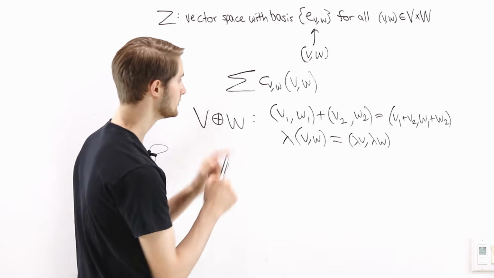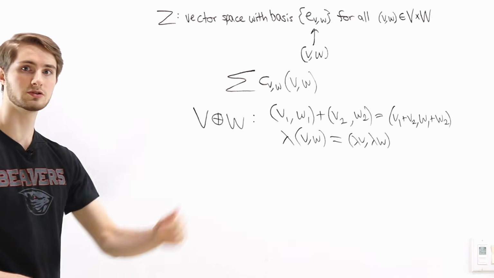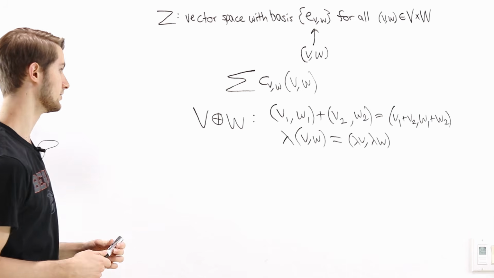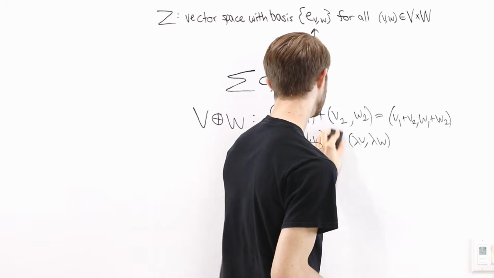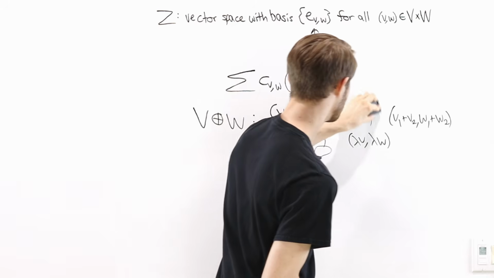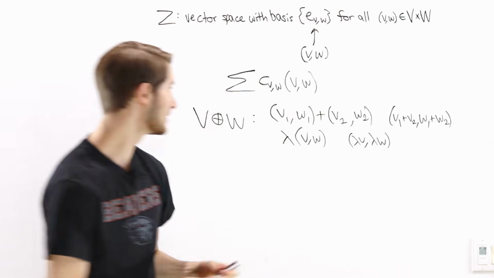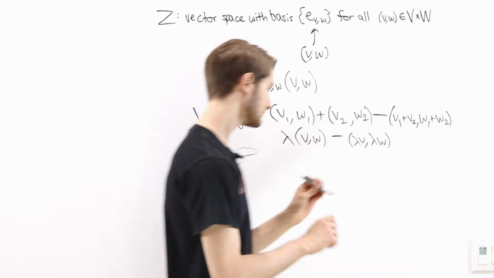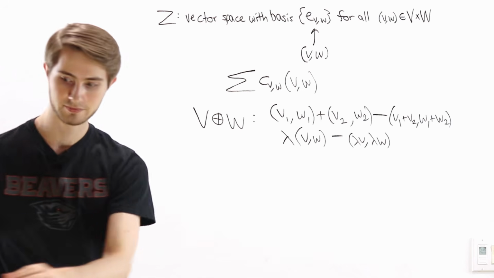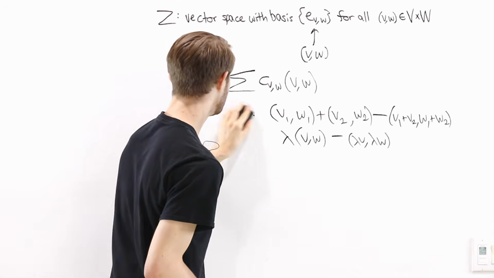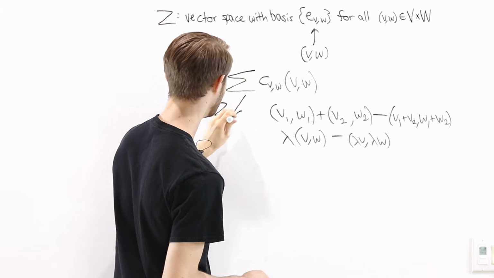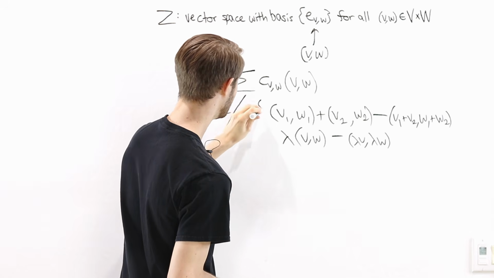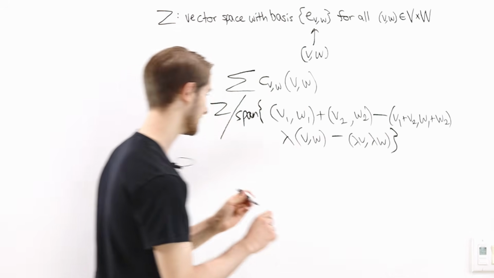So if we want to introduce these relations to our vector space, remember what we did just a little bit earlier. Instead of considering these as equations, we take the left side of the equation and we subtract the right side of the equation. And we take the vector space Z and take the quotient by the span of these two vectors together.